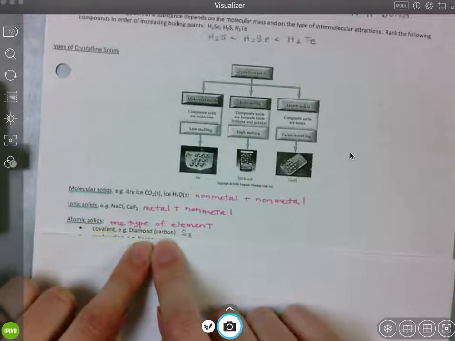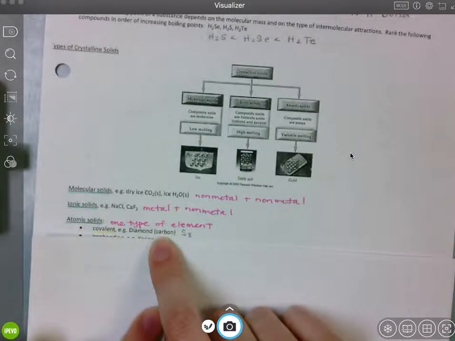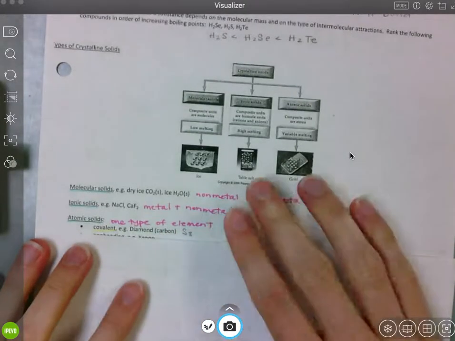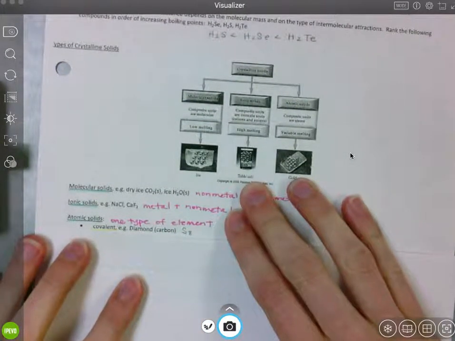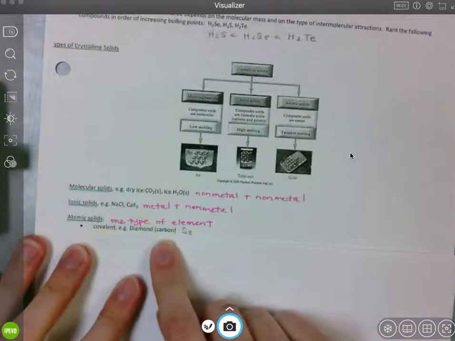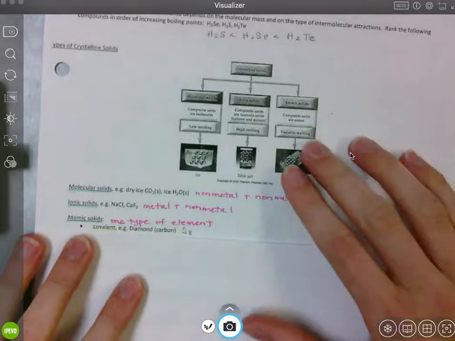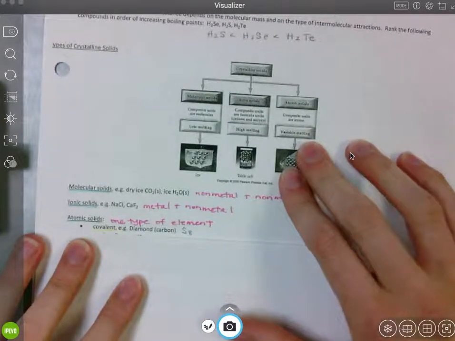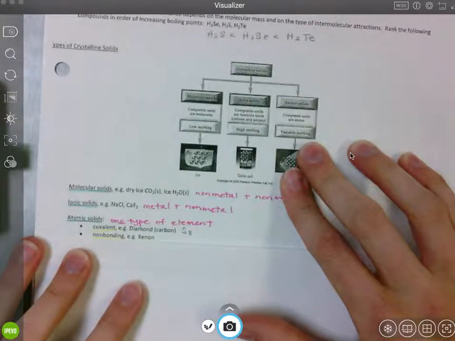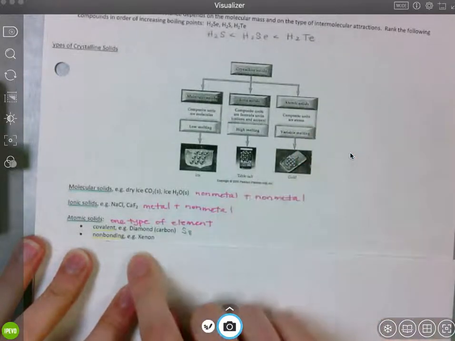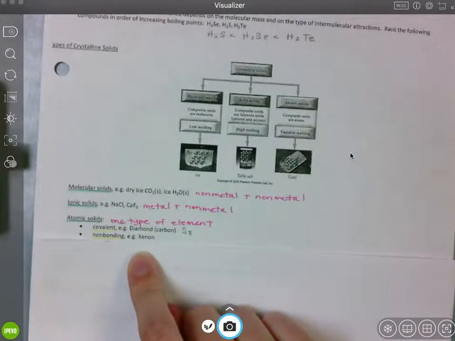Diamonds are just carbon bonded to each other in geometric patterns. Sulfur forms patterns of 8 as well. Carbon and sulfur are both nonmetals, so covalent atomic solids. Our noble gases are non-bonding atomic solids, so our example there is xenon.